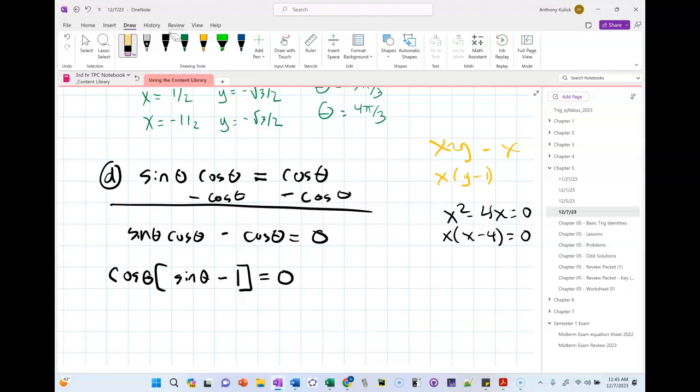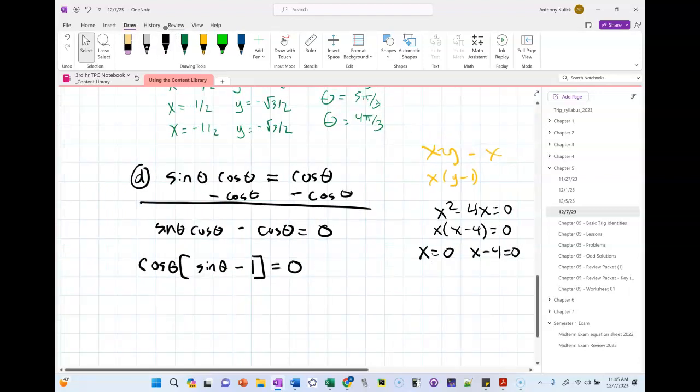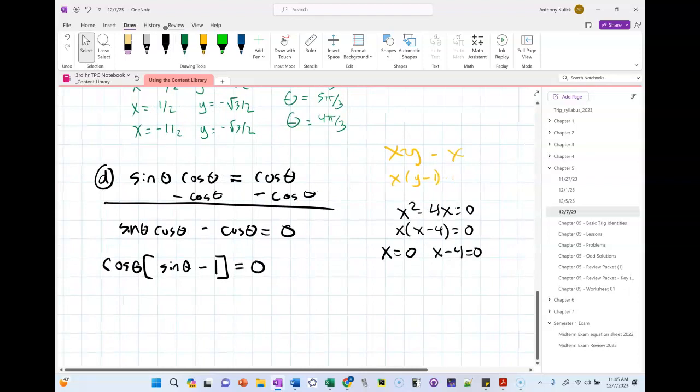So what you need to do is called the zero product property. If you have two or more things that are multiplied together and it equals 0, you can say that either of those two things could equal 0. Okay? So you'd end up with 2 answers.